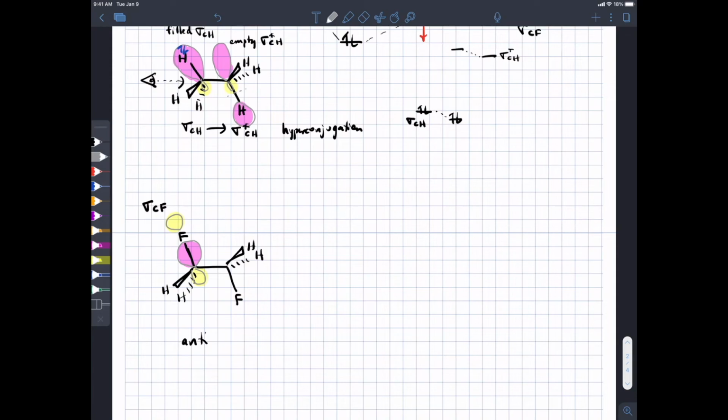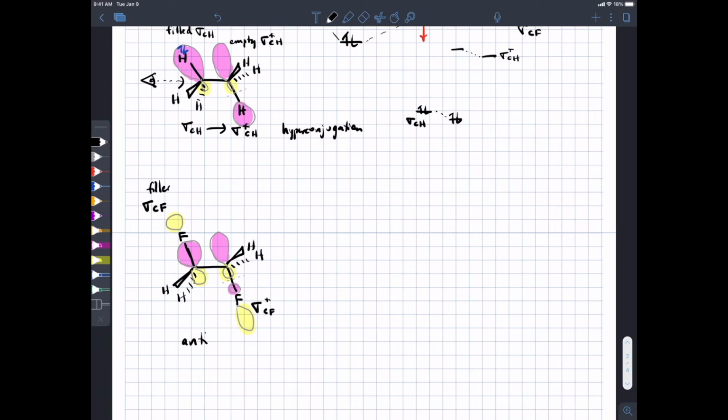Let's draw the antibonding orbital for the carbon-fluorine bond. As we would expect, there would be a node in the middle, small lobe here, large lobe there, small lobe here, large lobe there. We can fill in the colors representing wave function sign.